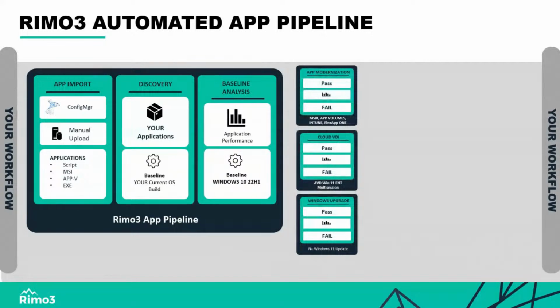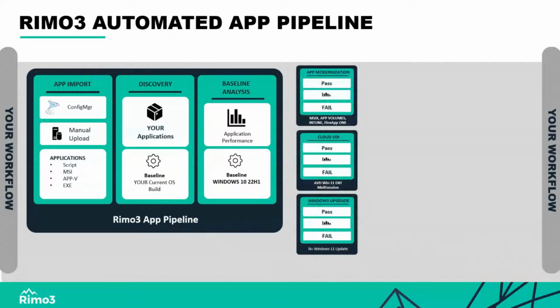There's also the capability of developing multiple outcomes. And I'll use this as an example. So most of you today, as I mentioned, are exploring or already on your journey to Azure Virtual Desktop. You already have a Windows version in mind, single session, multi-session. Well, what about the next version, the next update that's coming? It's a very common use case for us at Remo 3, and the platform is structured to support just that.